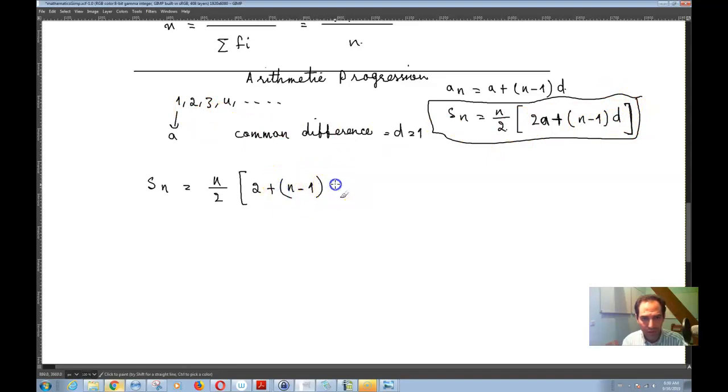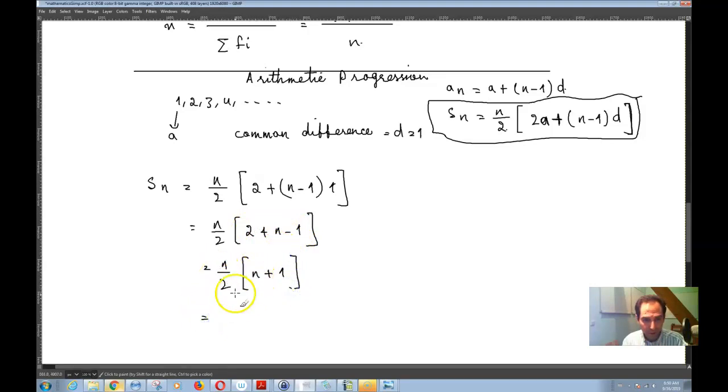So that is simply times 1, which basically gives me n divided by 2 times 2 plus n minus 1, which is equal to n divided by 2 times n plus 1.